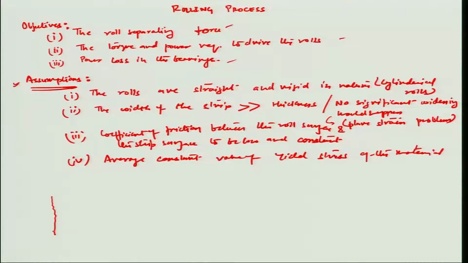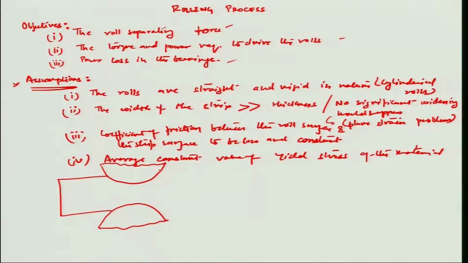So let us assume that we have a metal strip which is being changed cross-sectionally by two sets of rolls, and it changes the thickness of the material.